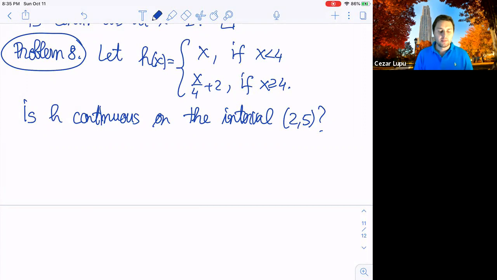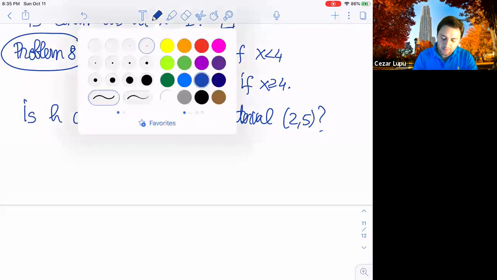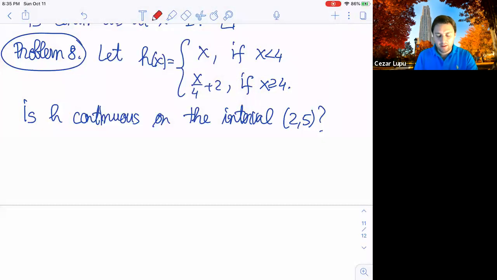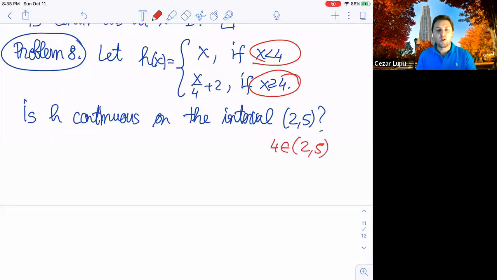The question is about the continuity on the interval 2, 5. That's not tricky because the only number that is giving me headaches here is the number 4. And by the way, 4 is in this interval 2, 5. So if my function is not continuous at one point from that interval, then it's not continuous on that interval. Keep this in mind.